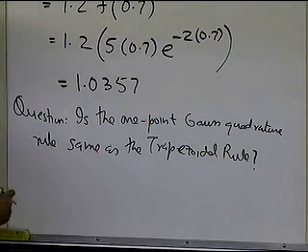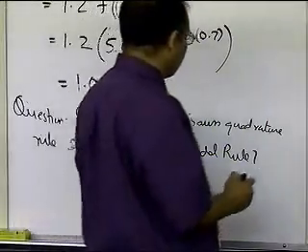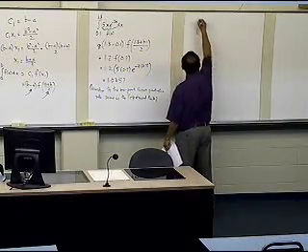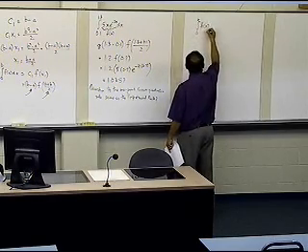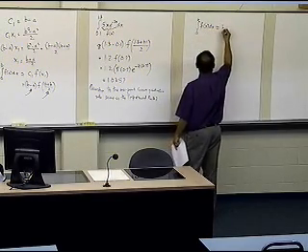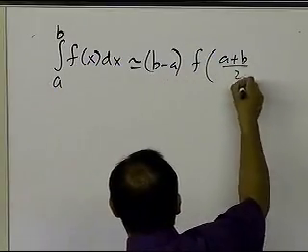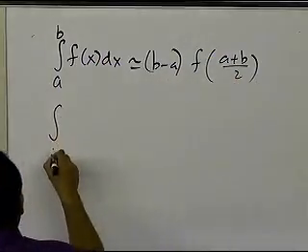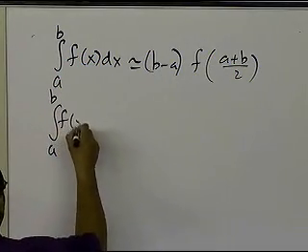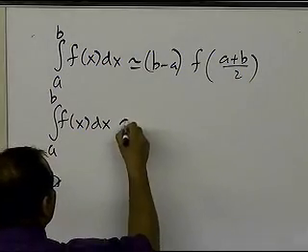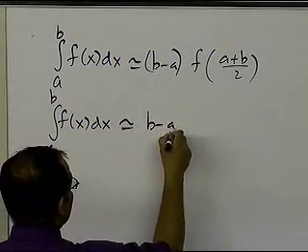And also one of the things which you have to appreciate between the 1-point Gauss Quadrature rule and the trapezoidal rule is that the 1-point rule looks like this, while the trapezoidal rule, which also gives you the exact value for a straight line, looks like this.